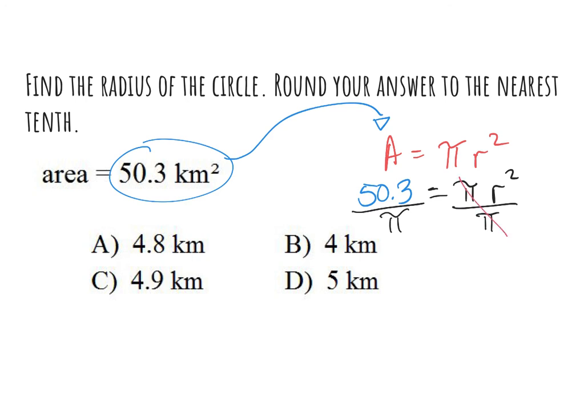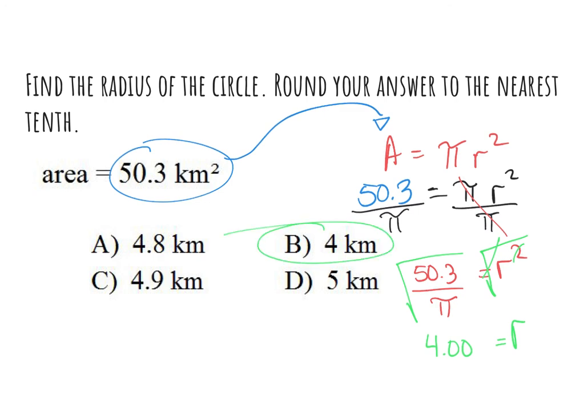So pi is gone and r is there. And then I need to get rid of this power of 2, and the inverse would be to take the square root. What you do on one side, you do on the other. So r is by itself, and then I would need to go to a calculator. I would say the square root of 50.3 divided by the pi button is going to give me approximately 4.00, which is approximately just 4. Did I want to find the radius? Yes. So B is my answer.